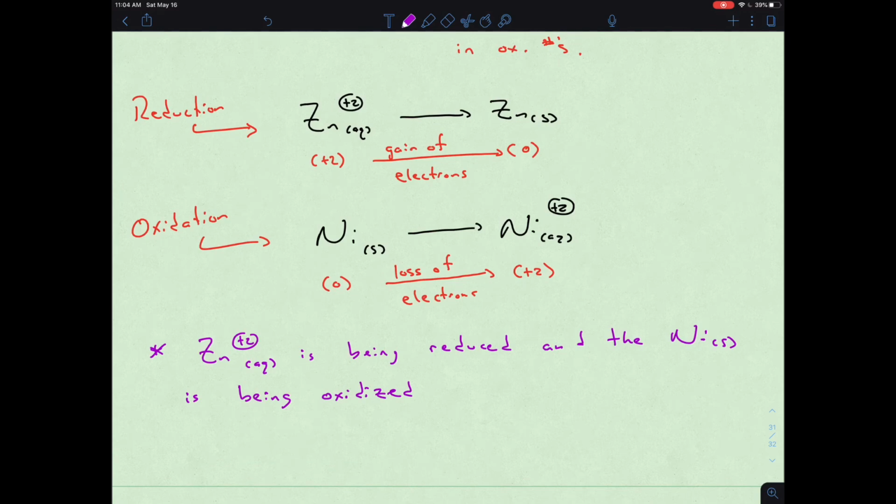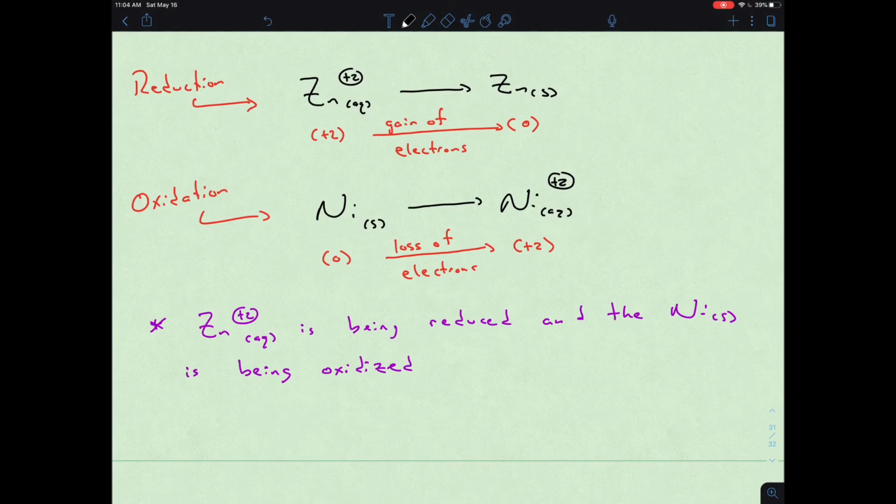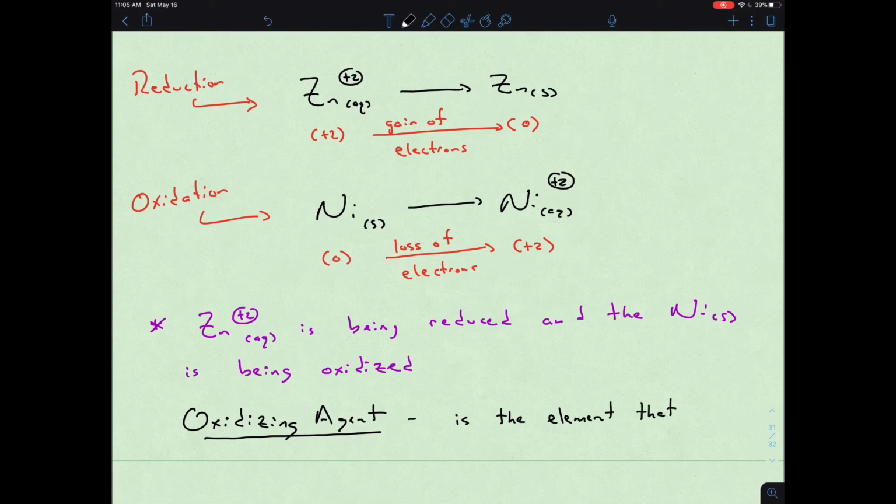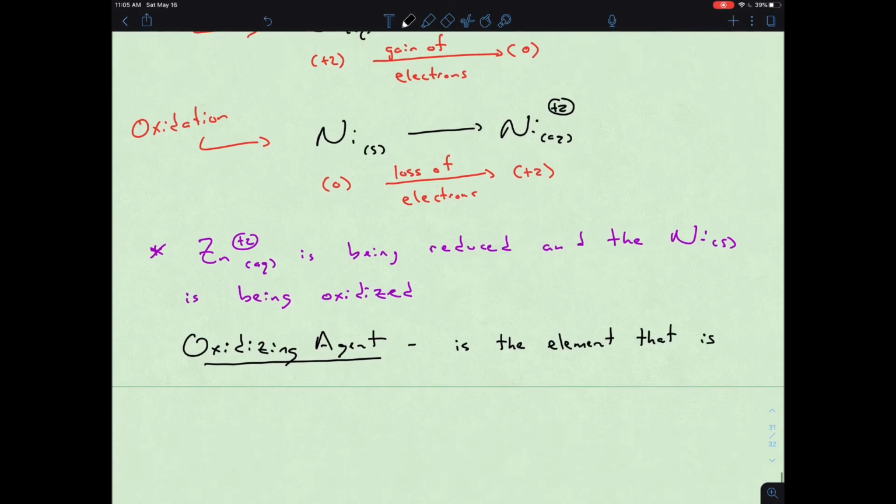There's some other terminology that we should understand. One is the oxidizing agent and reducing agent. The oxidizing agent is the element that is undergoing the reduction.